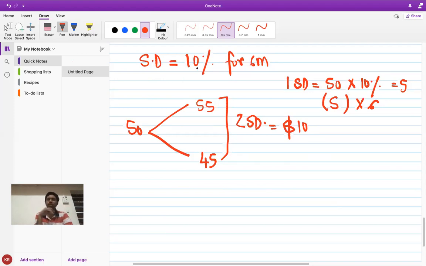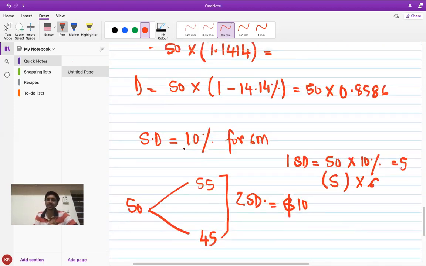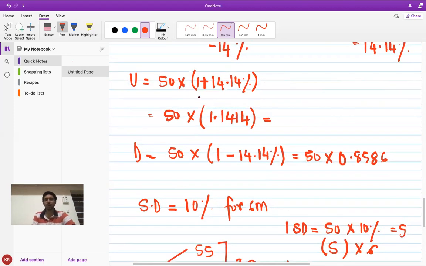Now I've told you all this, but I've still not told you what e power sigma root t and e power minus sigma root t is. Over here, what we did was 1 plus 14.14 percentage and 1 minus 14.14 percentage.